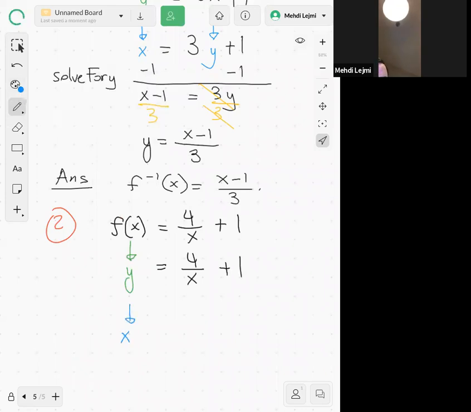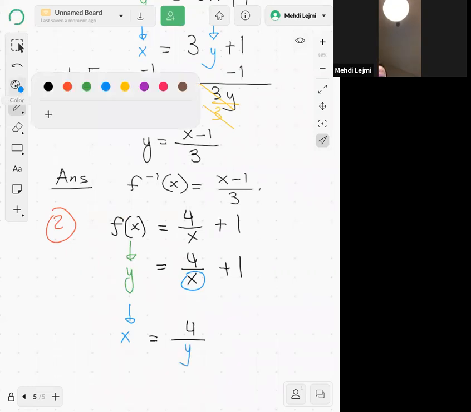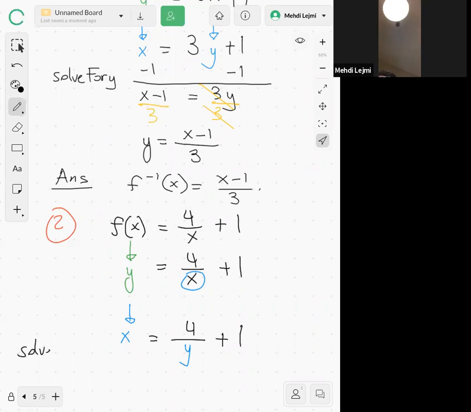So this y becomes x, and this x becomes y. So it's x equal to 4 over y, plus 1. Now you have to be careful here, guys, because there's a kind of problem. I want to solve for y now, of course. But the thing is, y is in the denominator, right? It's not in the top, it's in the denominator.